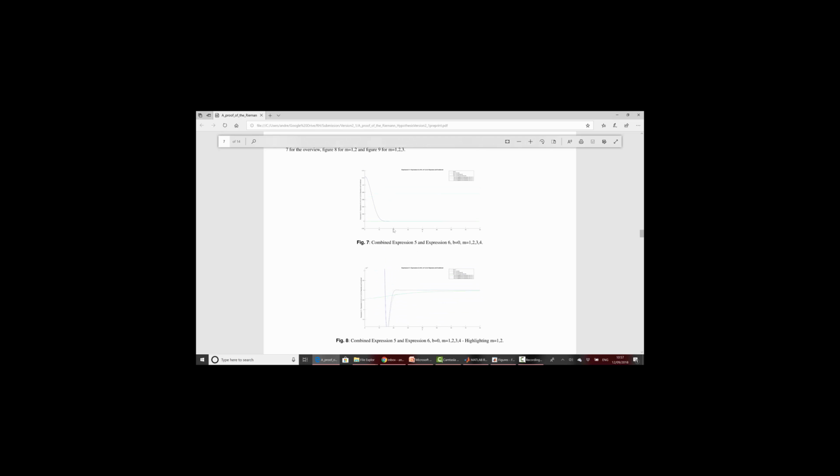So you can see here the two expressions again, but this is looking at b equals 0. At a big scale you can't see a huge amount. If you go into a bit more detail, then you can see that m equals 1 comes down, comes up again, and if you don't have the m equals 2, it stays negative.